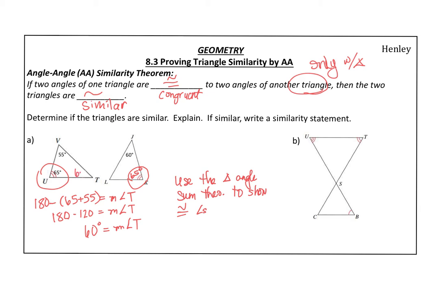So we have 60 degrees, which you will notice matches up with angle J. Because of this information, we can say that triangle TUV is similar to triangle JKL by the angle-angle theorem.